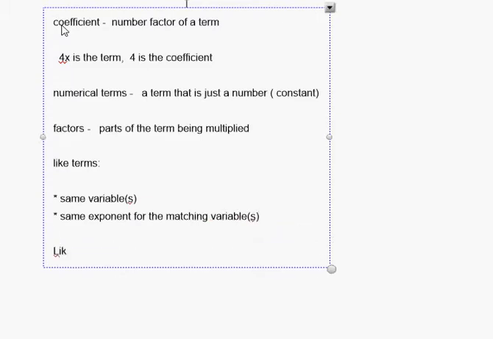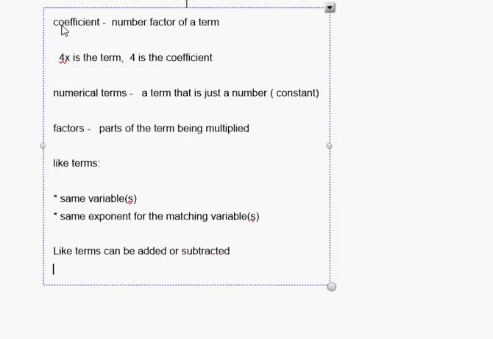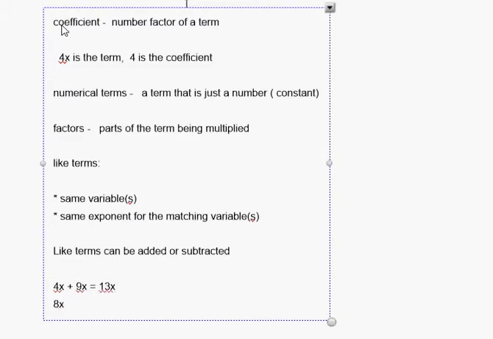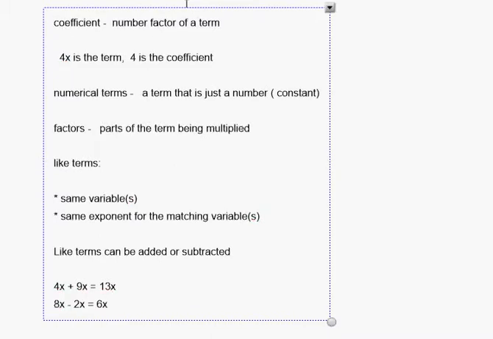And like terms can be added or subtracted. For example, we could say 4x plus 9x equals 13x. Or we could say 8x minus 2x equals 6x, because like terms can be added or subtracted.